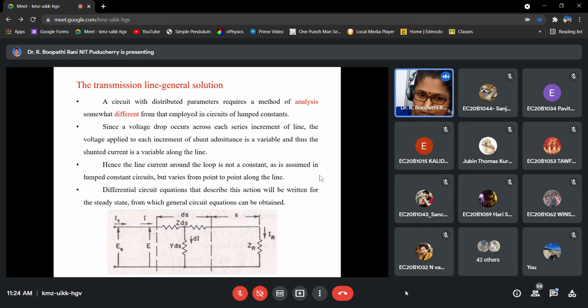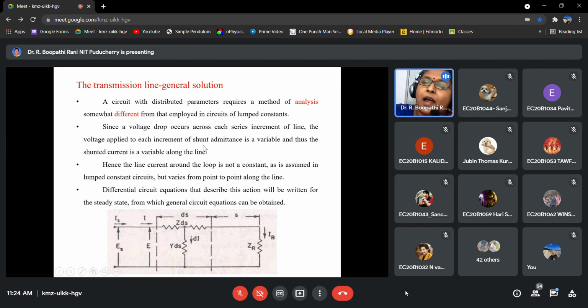Here, since voltage drop occurs across each series increment of a line. This is one series. Each series increment of a line, we consider that there is a voltage drop.